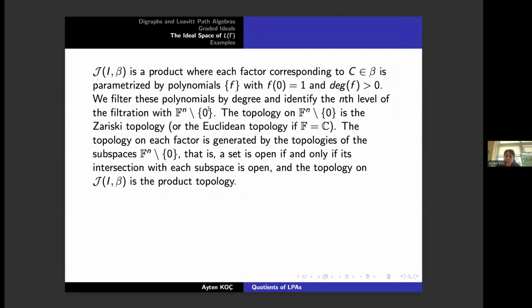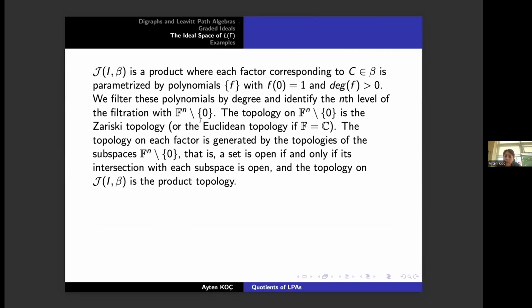We filter these polynomials by degree and identify the n-th level of the filtration with F^n minus 0. The topology on F^n minus 0 is the Zariski topology, or the Euclidean topology if the field is the complex numbers.